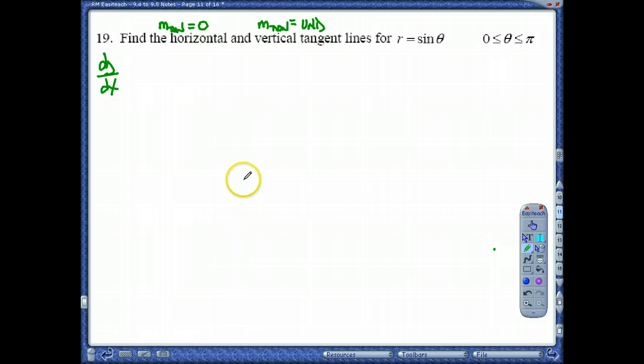And what sometimes people like to do is go ahead and do that x is equal to r cosine of theta and make a substitution. Well, r is equal to sine of theta, so I'm going to substitute that in. So see right here, r is equal to sine of theta, so I can rewrite it.